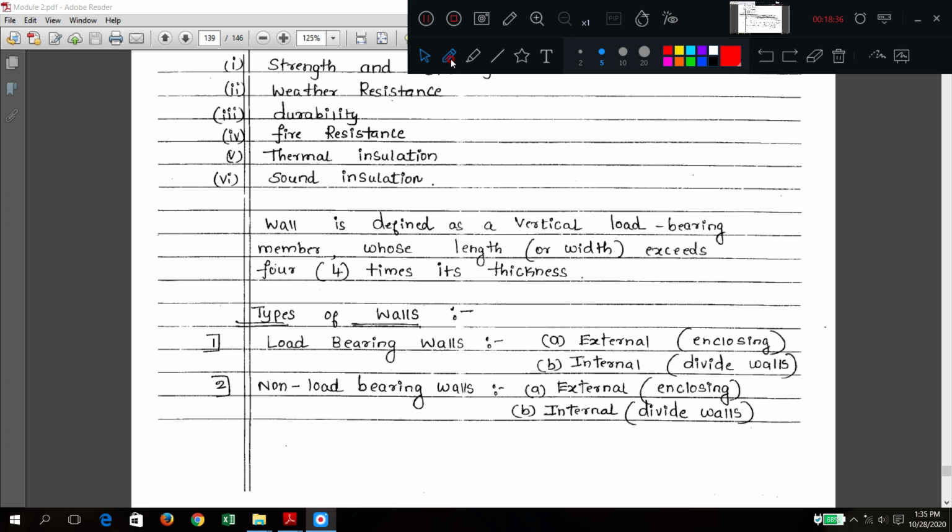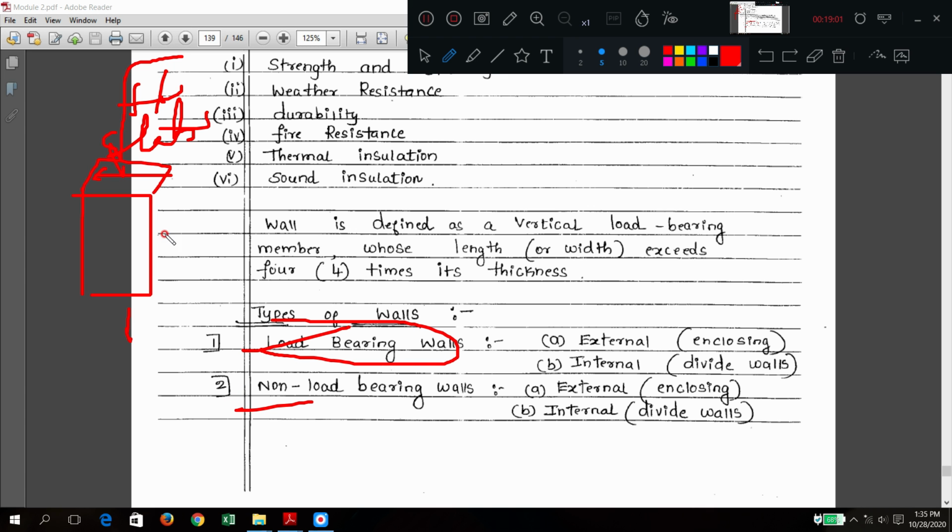How many types are there? You have load bearing and non-load bearing. Load bearing means generally external walls; on the top they will receive the beams, slabs, roofs, floors or trusses, and transfer all that load to the foundation. Those are called load bearing.